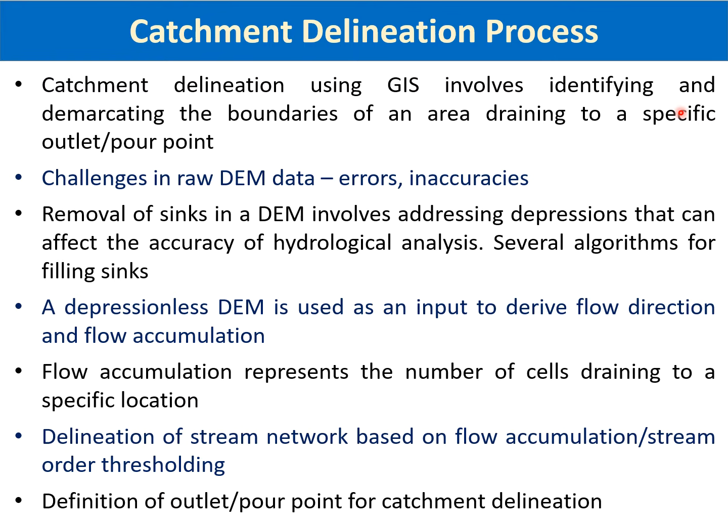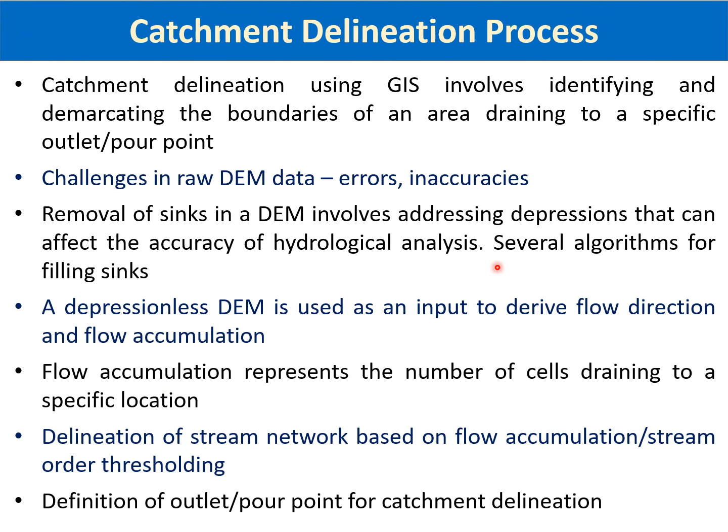At the time of data acquisition, the DEM may have got artifacts. There may be sinks in the DEM which will affect the accuracy of hydrological analysis. So you need to make your DEM hydrologically conditioned.